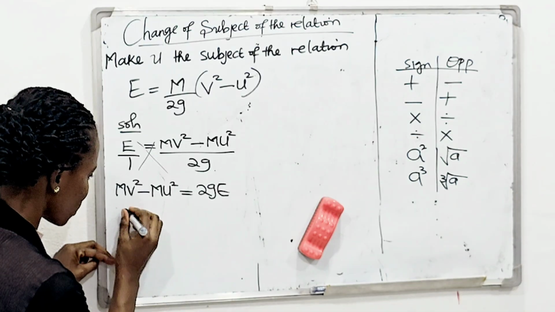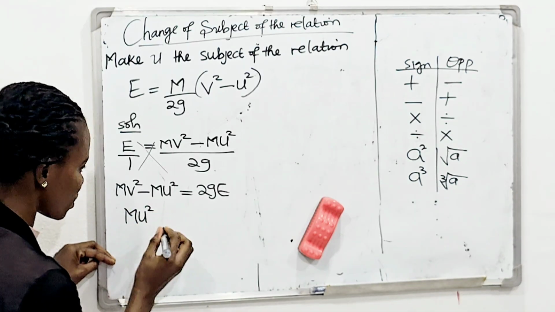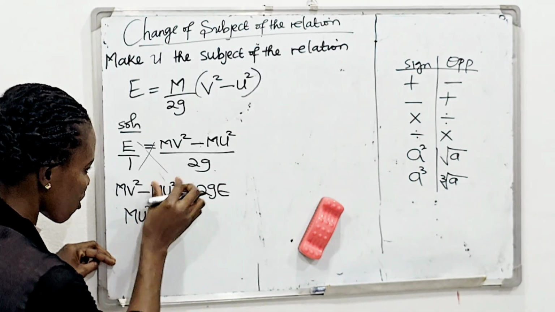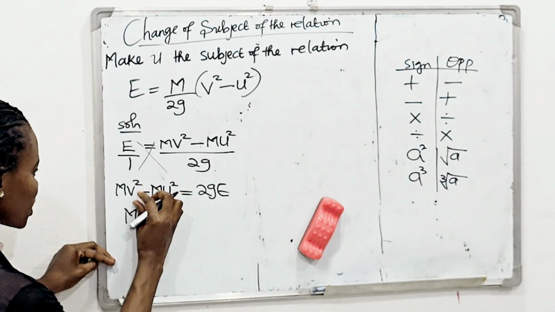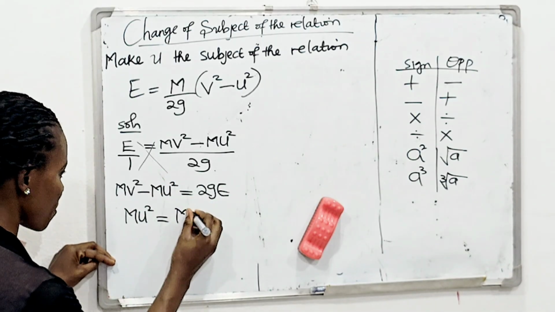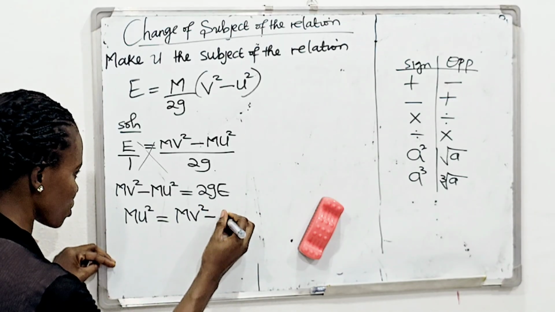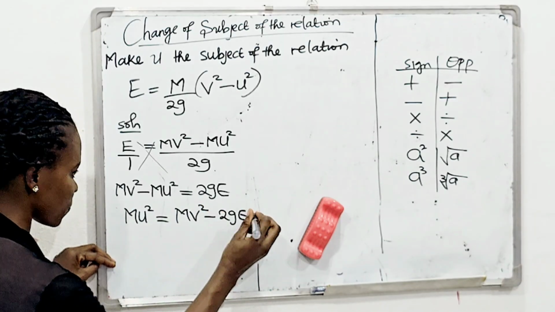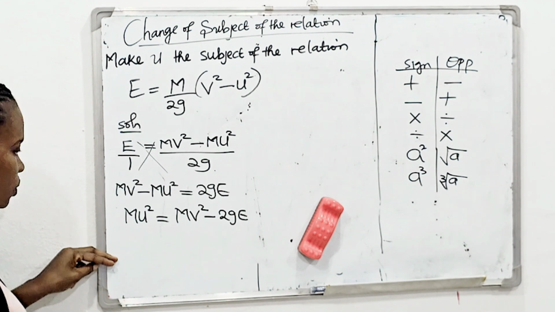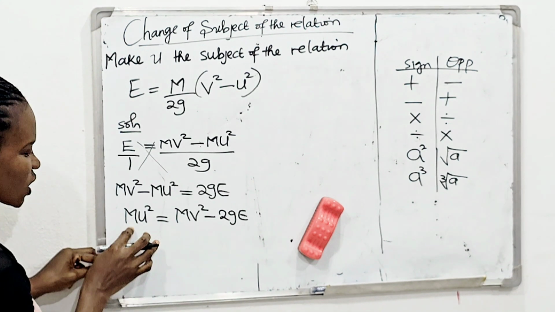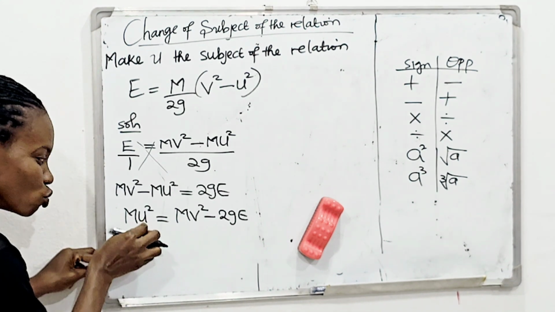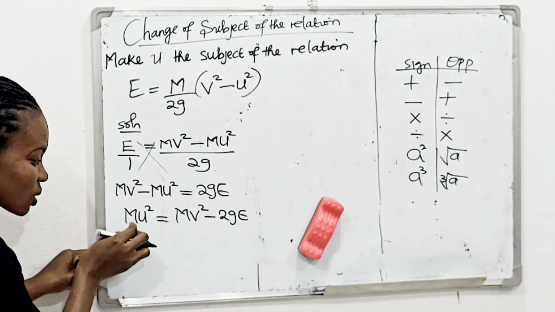If I move it, I'm going to have positive MU squared is equal to, remember I've moved it here, so this one I'm bringing to this one, so I have MV squared. Because I'm bringing this one to that side, it will be minus 2GE. Is that clear? Good. So the next thing I'm going to do is to divide both sides with what U is staying with, and what U is staying with is what?